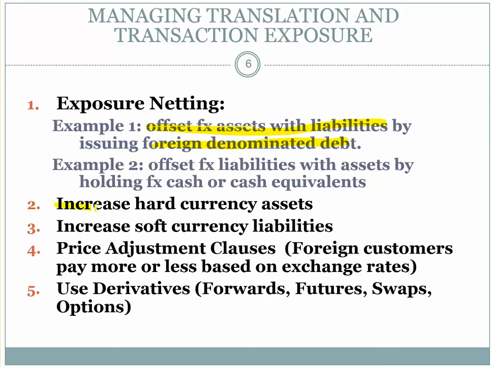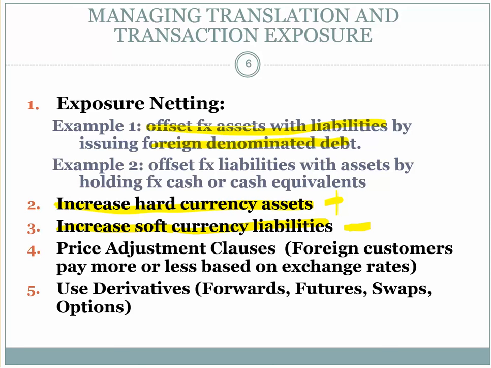Another strategy would be to increase hard currency assets and increase soft currency liabilities. Hard currencies are currencies that are expected to appreciate or hold their value. Soft currencies are expected to depreciate. So if we're going to get a receivable in a currency, and you have a choice to bill them in, say, the dollar or the other currency, I would prefer to have an asset in a strong currency.